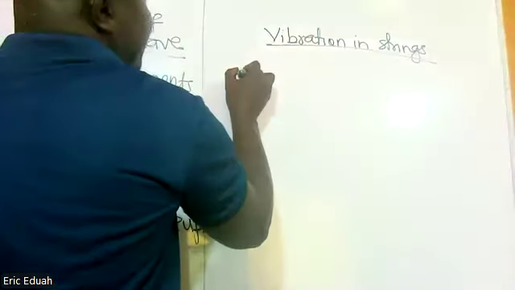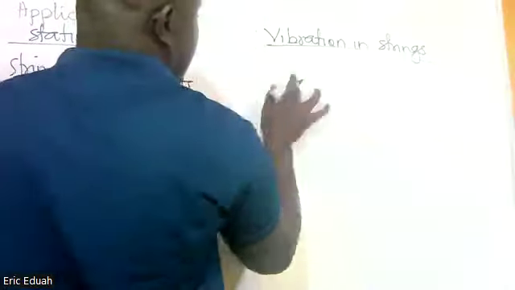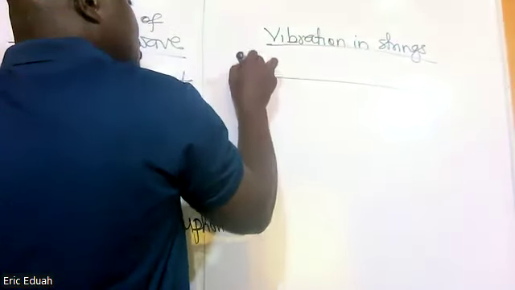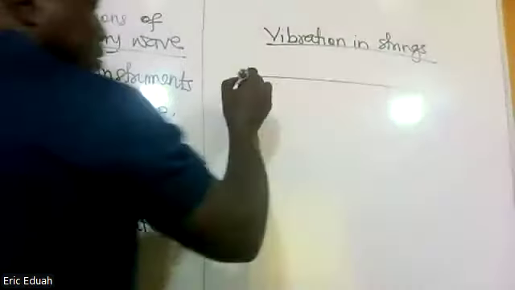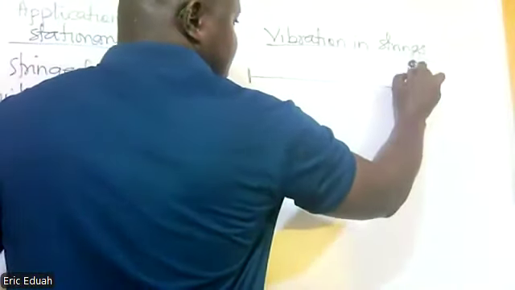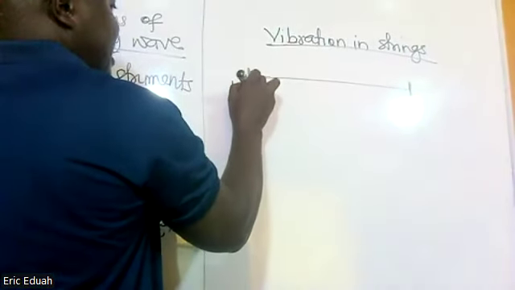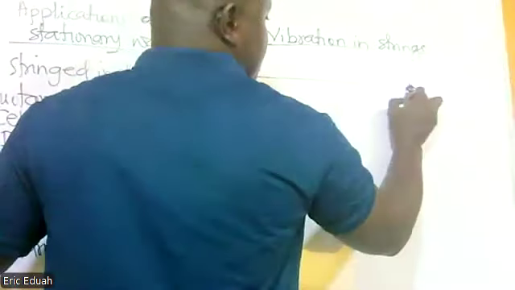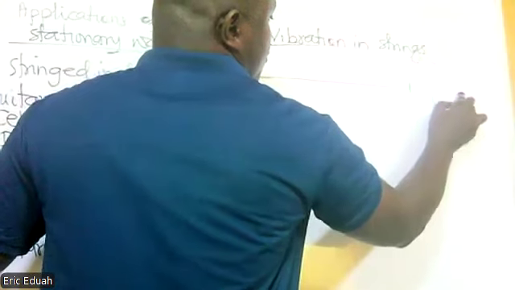I have this length of the string, L. You know, string instruments are closed boundaries. There are boundaries at both ends. So this is boundary or barrier 1, and then boundary 2.